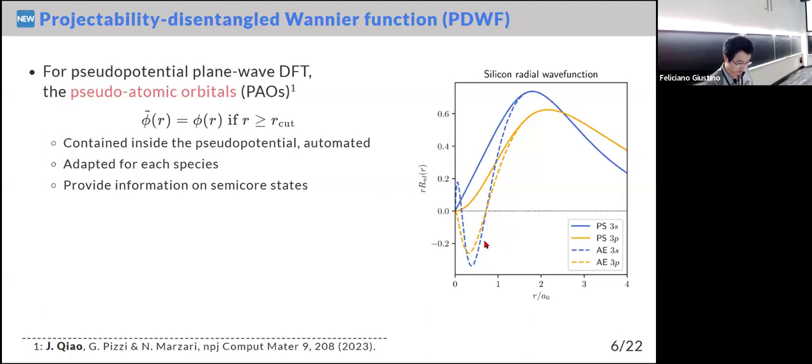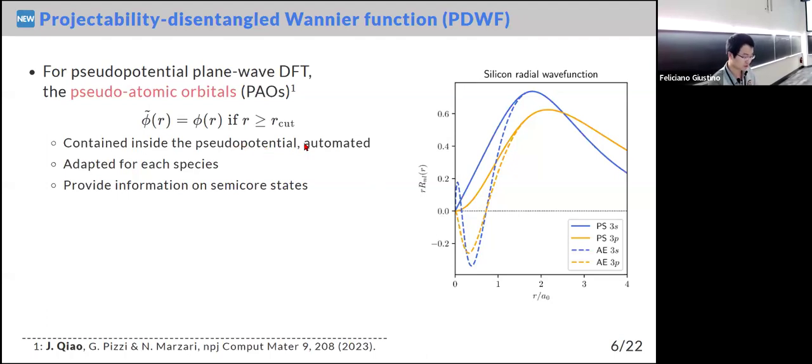For instance, the 3s orbital has two nodes, and the 3p has only one node. So the pseudization is actually removing the radial nodes. We use some mathematical functions to make it continuous, and then we can remove these radial nodes, so we can use a lower energy cutoff. These are already contained in the pseudopotential.